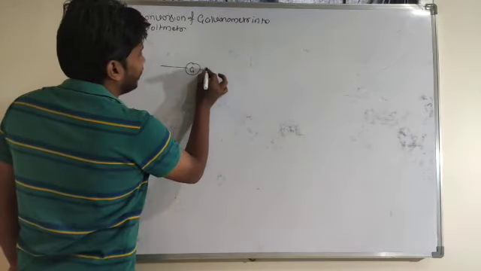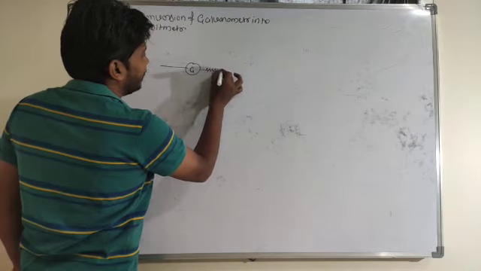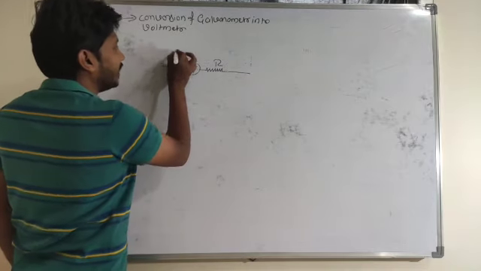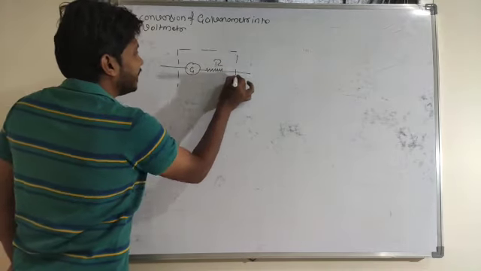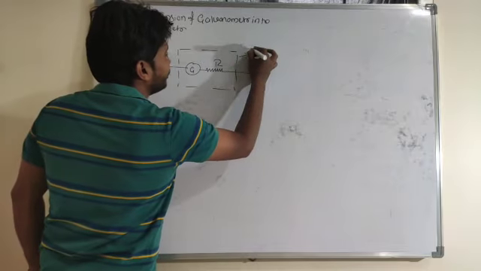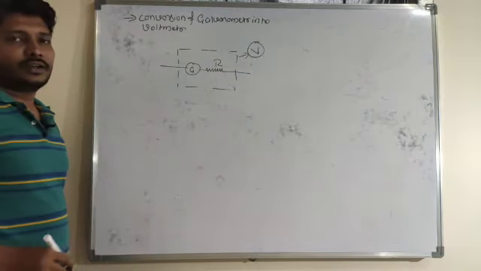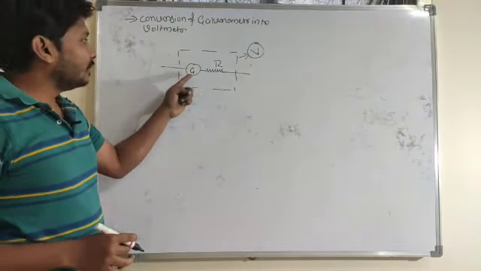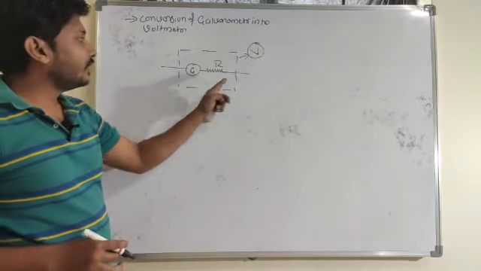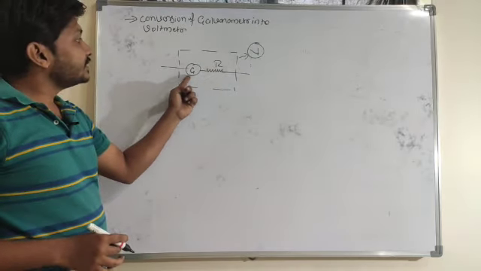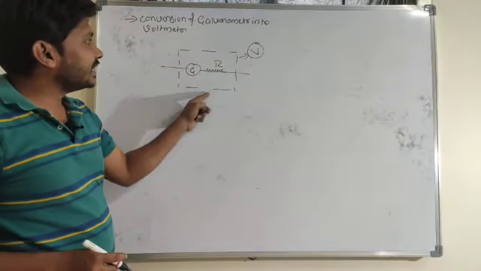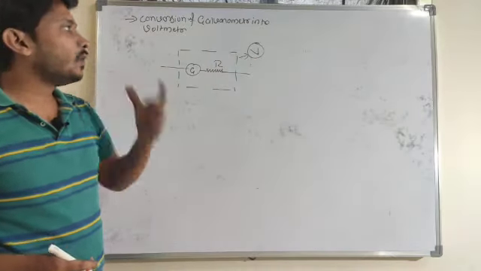To this galvanometer, I should connect a suitable high resistance series to the galvanometer. Then this entire setup acts as a voltmeter. So in order to convert this galvanometer into a voltmeter, I have to connect a suitable high resistance series to the galvanometer. Then this entire setup behaves as a voltmeter.